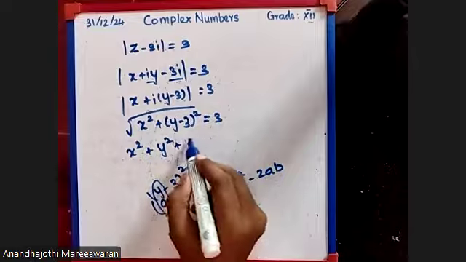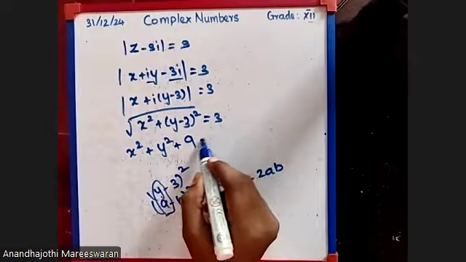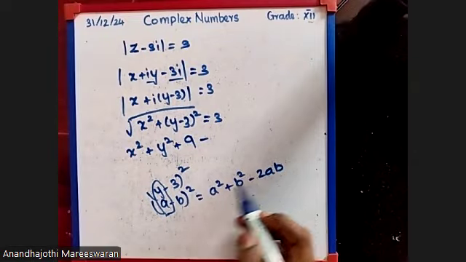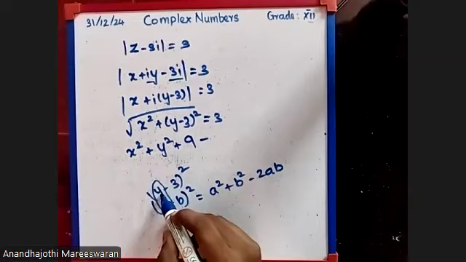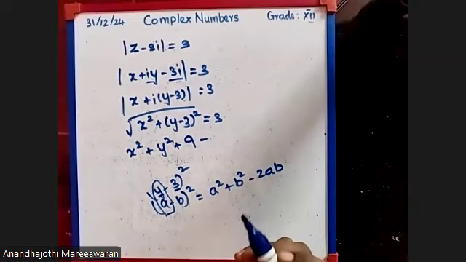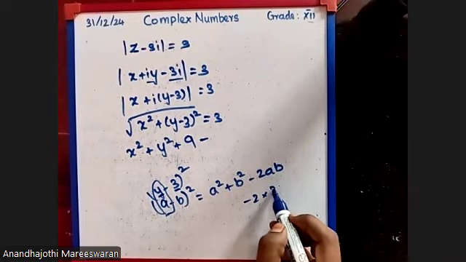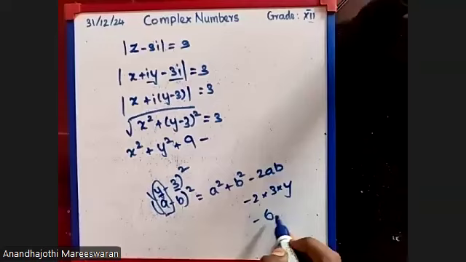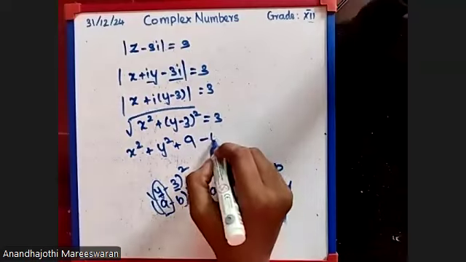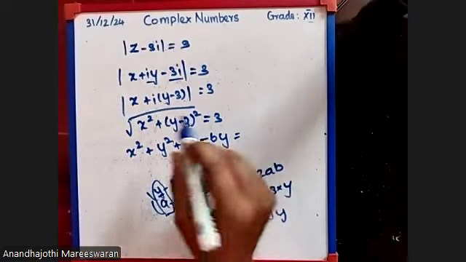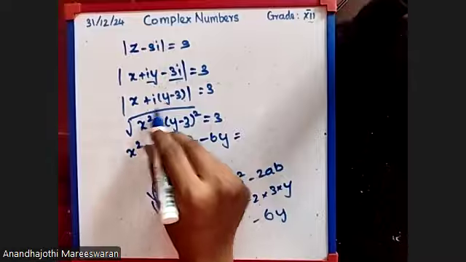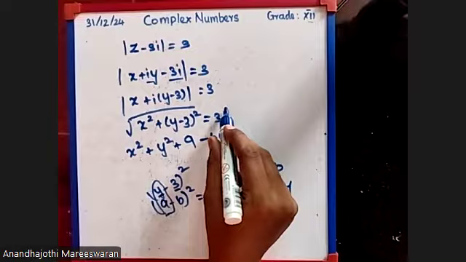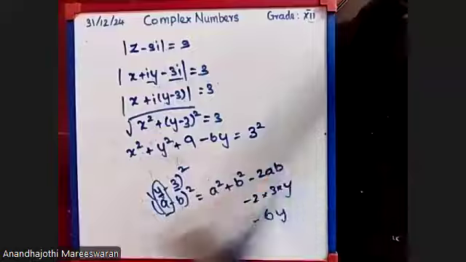Plus 3 squared will be 9, minus 2ab: who is a? y. Who is b? 3. So minus 2 into 3 into y will be minus 6y. The right side, 3 squared, will be 9.